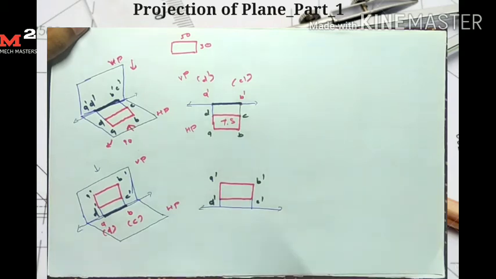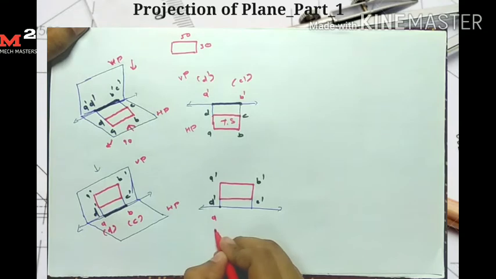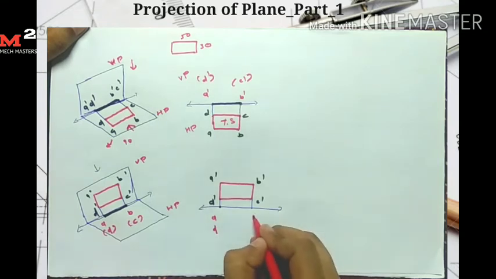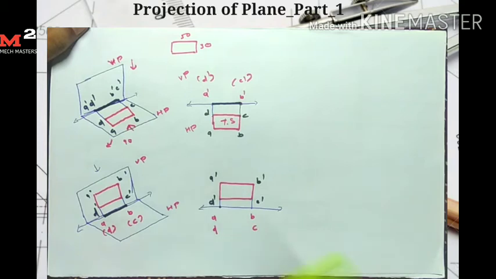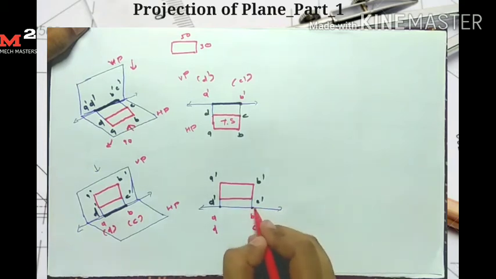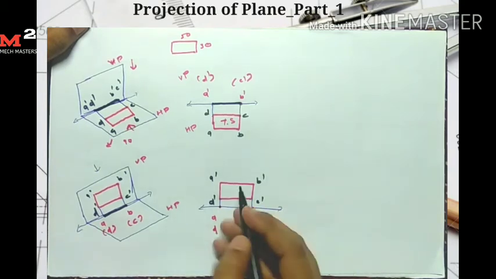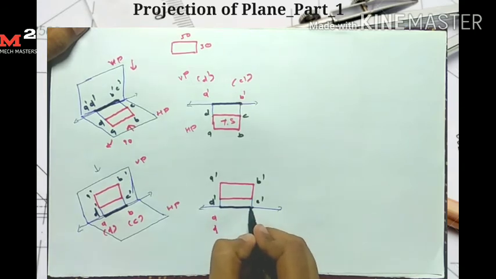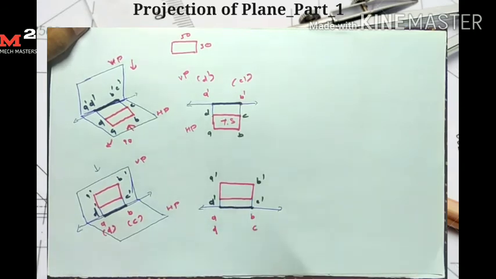Here I get my points A and D, and here my points B and C. This line gives me the top view for this plane. Here I indicate D in bracket and C in bracket because these are the hidden points.